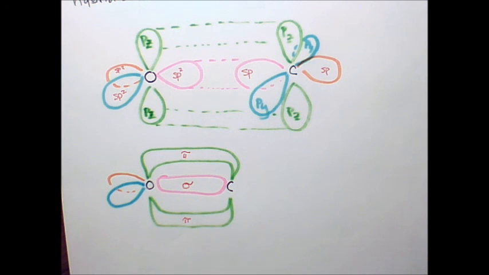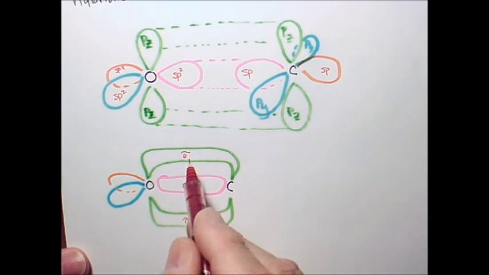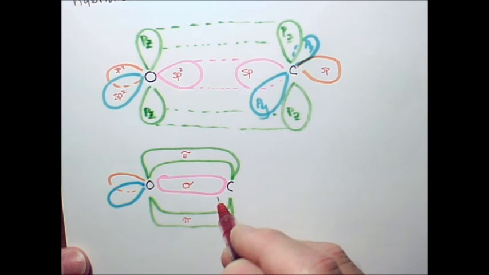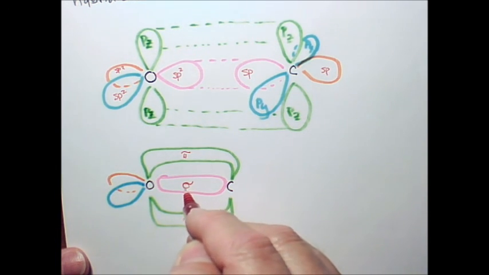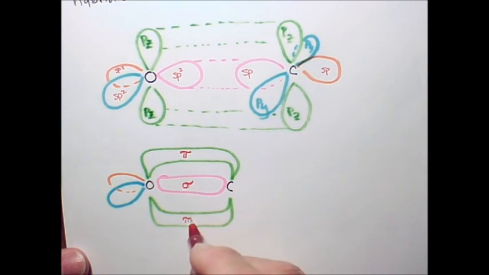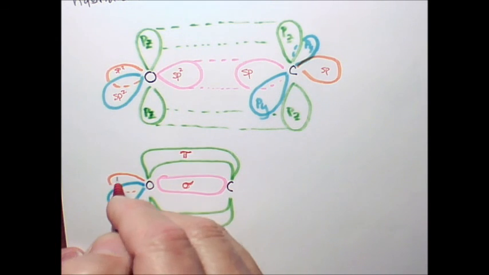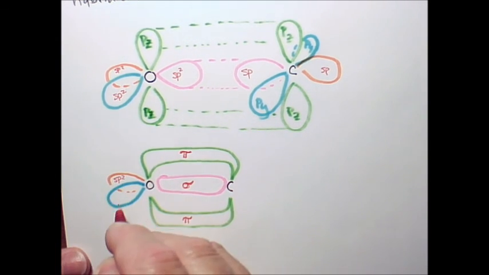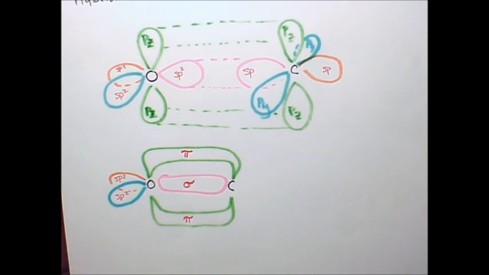What is that little symbol inside the sigma? Here, this is sigma, and this one is pi. So this is sp2, this is sp2.